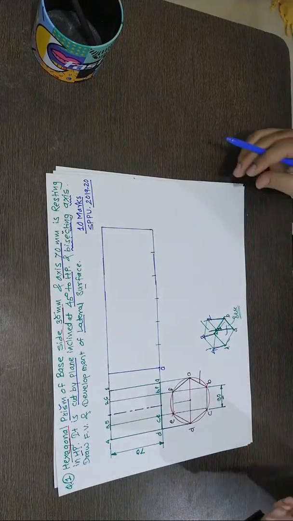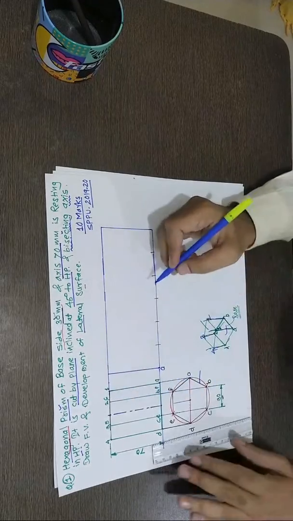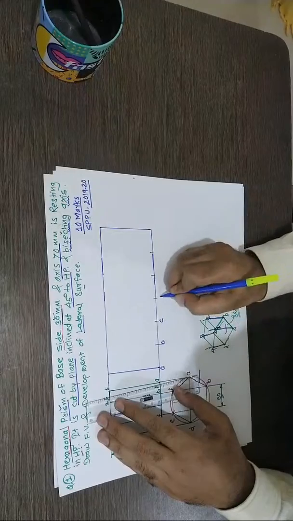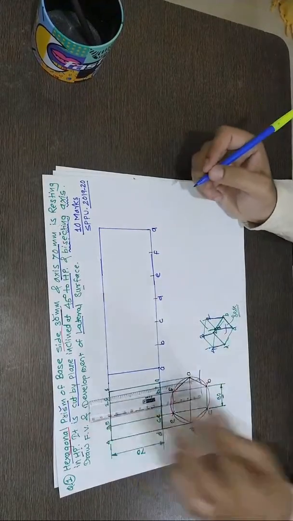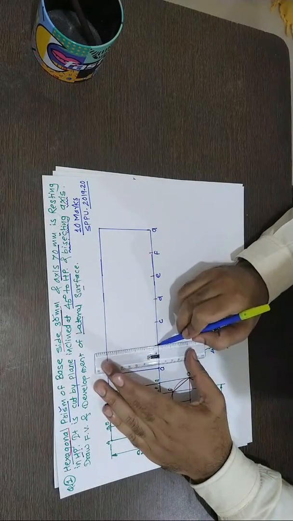Now it will be visible, right? This edge, even this. So draw this, all the edges. I'll give the names first. A, B, C, D, E, F, again A. Now draw the corresponding edges.